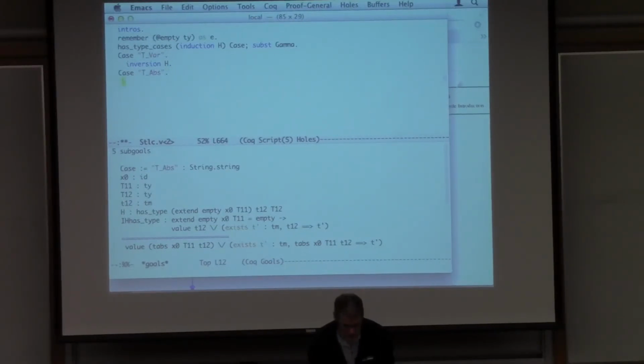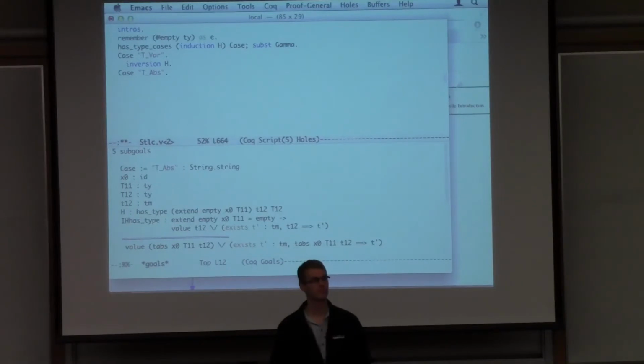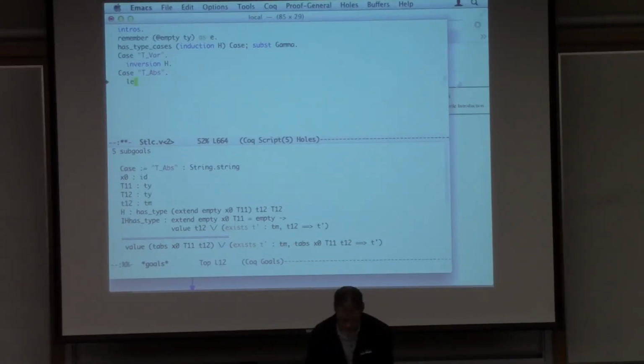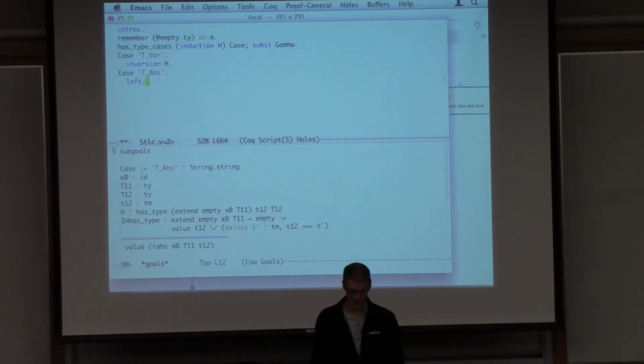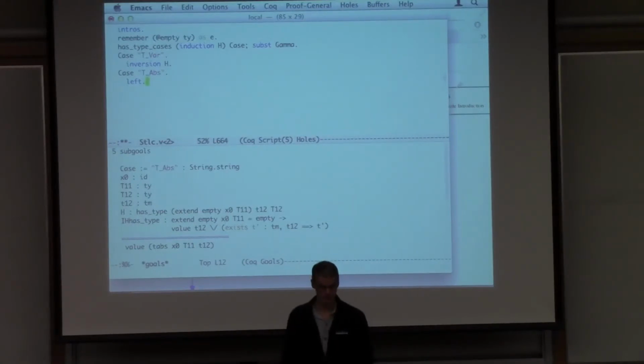So what should we do in this case? We need to know that either lambda blah blah is a value or it steps to something. I think it's a value, so we want to use left. Now, how do we show that it's a value? With V_abs.